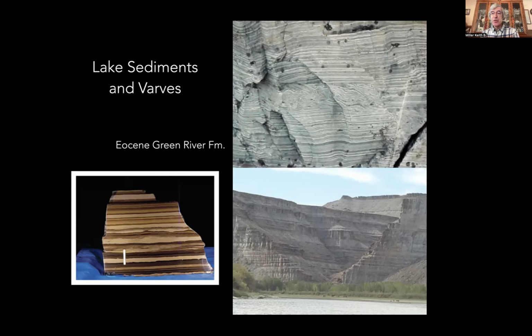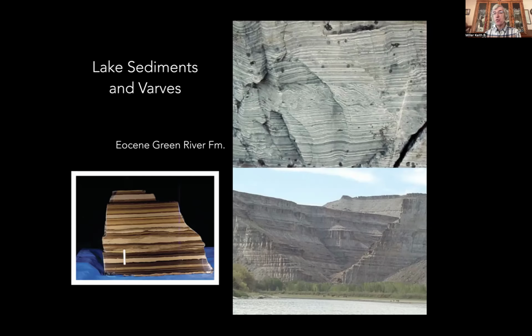One of the most famous varved sequences is the Green River Formation out west, which covers a very large area and is extremely thick. It records millions of years of climatic history. The character of these little pairs or couplets of sediment that you see in varves tells a lot about the general environment.